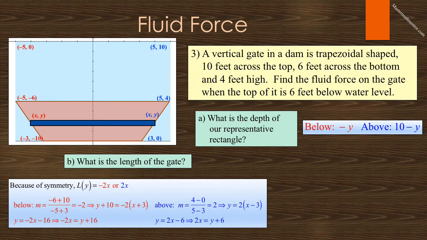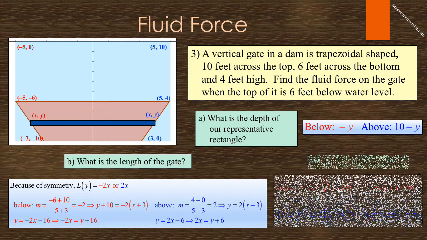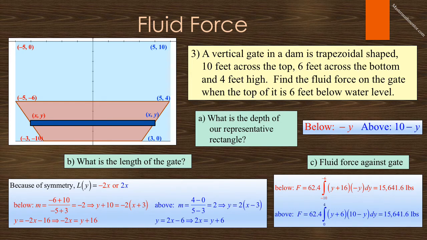If we use the points when the gate is above the x-axis, then joining the points (5, 4) and (3, 0), the slope is 2. Our equation is y is equal to 2 times (x minus 3), and solving for 2x, we get 2x equals y plus 6.